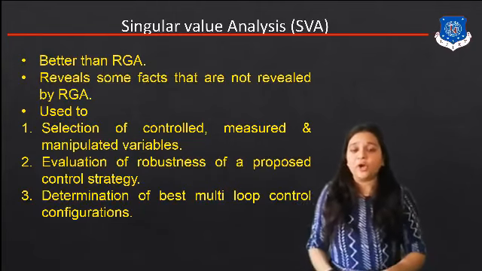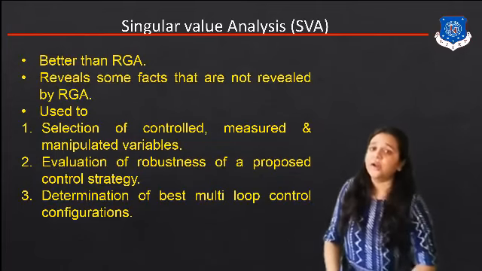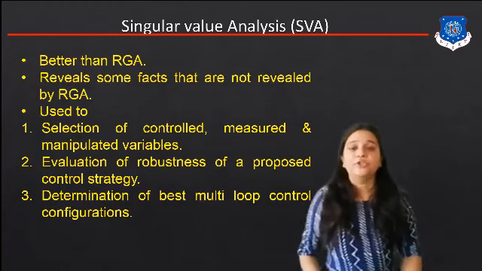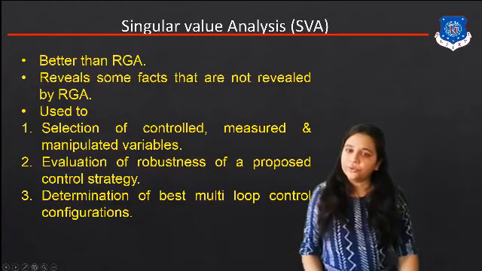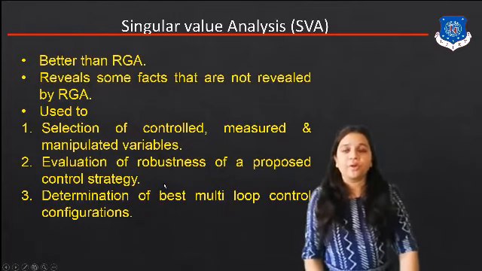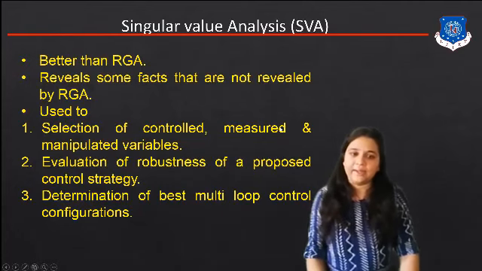If there is a problem using the extension of RGA, the third method is the singular value analysis. Using that, we have to find the best multi-loop control configuration.